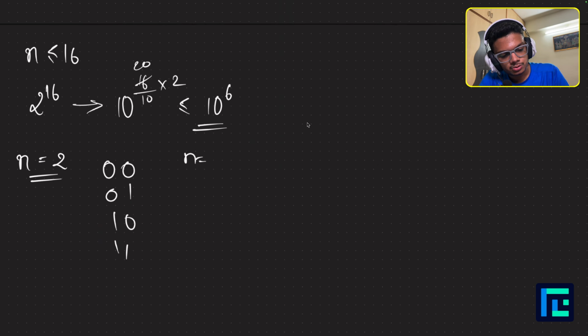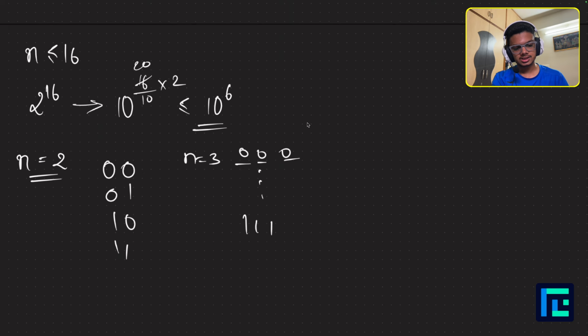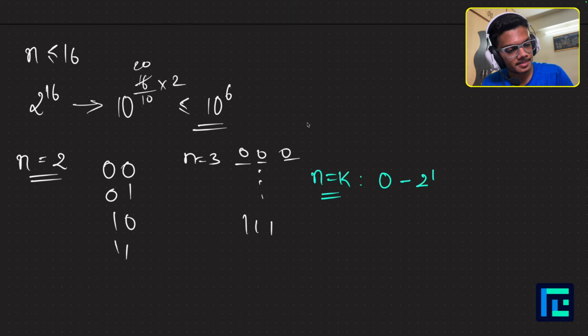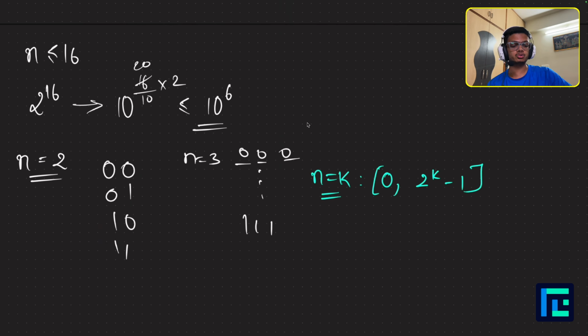So if you have n equals to 3, similarly you will have binary numbers from 0 0 0 till 1 1 1. So I guess this is one fact about binary numbers. If you have n equals to k bits, you will have the binary representation of decimal numbers from 0 to 2 power k minus 1. So for n equals to k bits, you can have a binary representation of decimal numbers 0 to 2 power k minus 1.